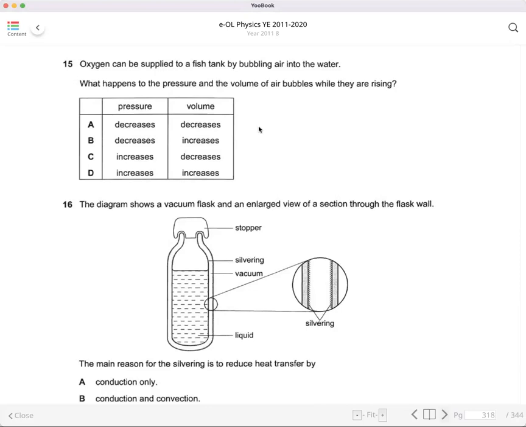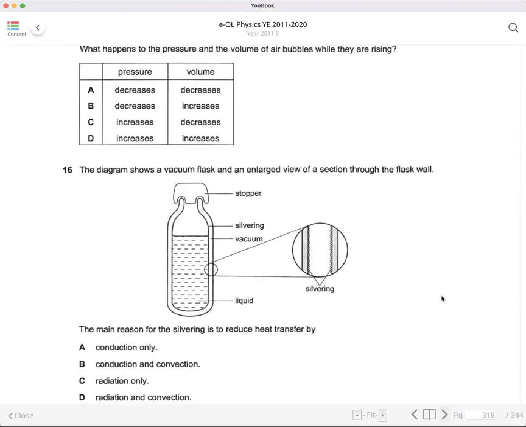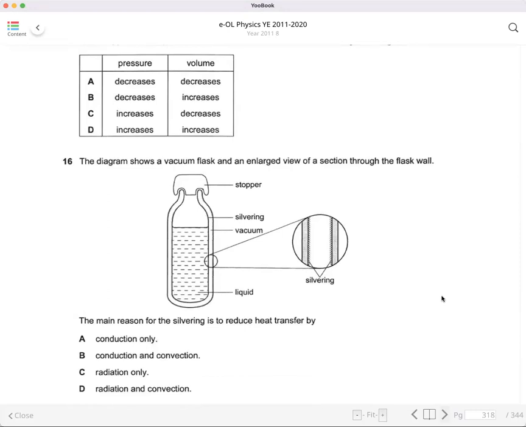Oscar, well done. Pei Kwan, well done. Xiao Xing, well done. Hao Rui, well done. Ryan, well done. Everybody got it correct. The answer is B. Let's do question 16.